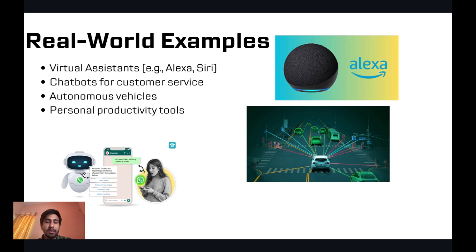And chatbots for customer service, so we have been seeing companies increasingly using automated chatbots for customer service. These chatbots are also a kind of AI agent which can give users information and solve their queries autonomously.